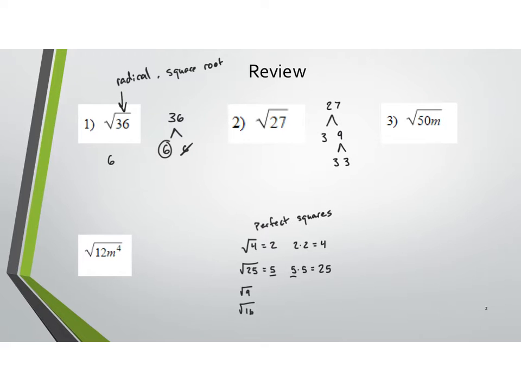Now remember, I'm looking for pairs of repeat factors, which means I'm going to circle one and cross out the other. This last 3, it doesn't have another pair, so it stays inside. So my answer to this is 3 root 3. And that is the proper way to refer to your answer. It's either 3 square root 3 or 3 root 3.